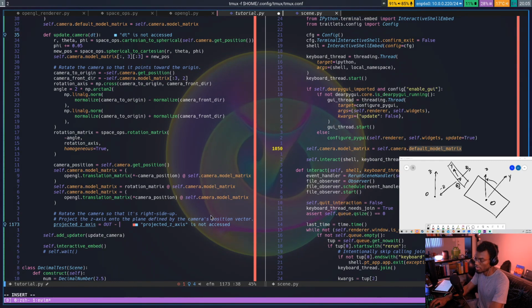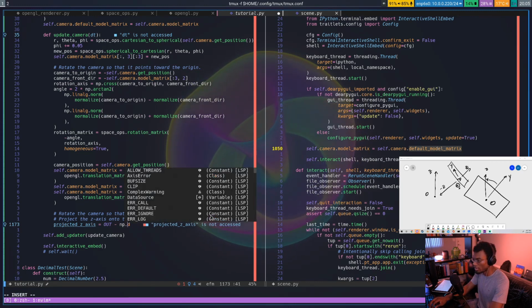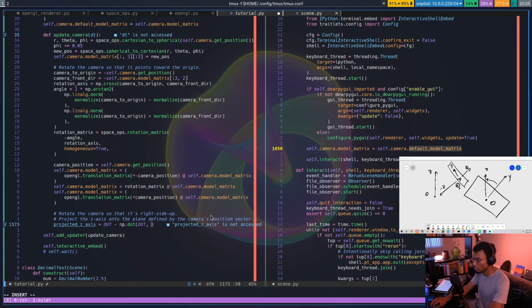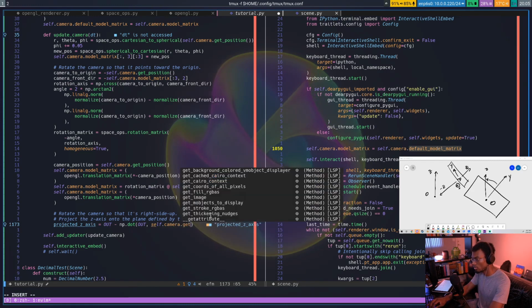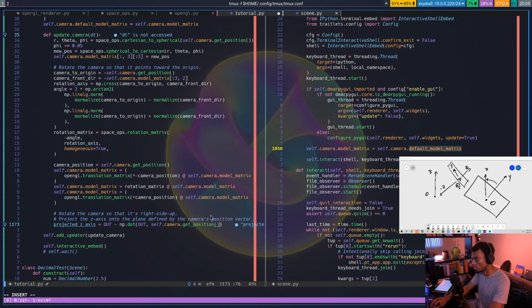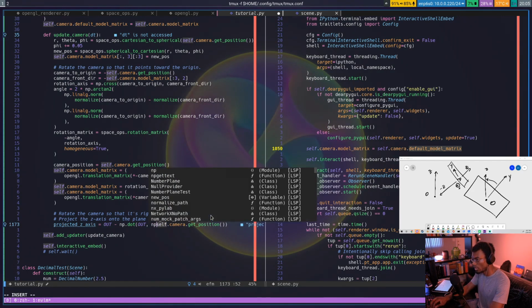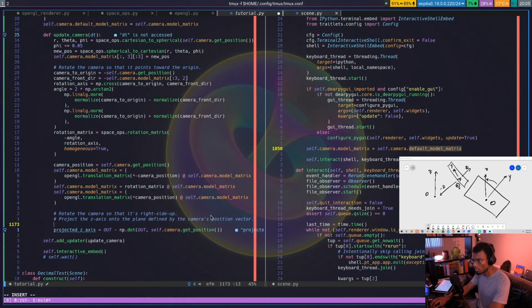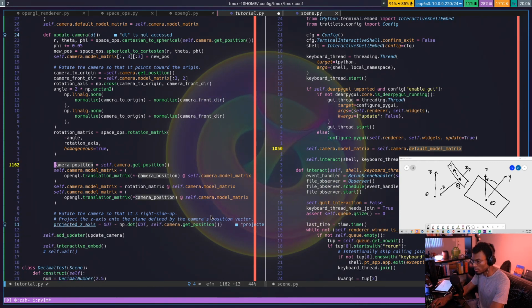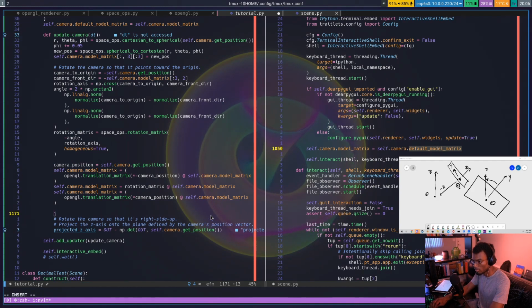Now I subtract the projection onto the normal vector. So it's going to be a dot product of out and that normal vector, which is the camera's position. I'll have to normalize that. I actually need to normalize it here. Oh no, not there. But here.